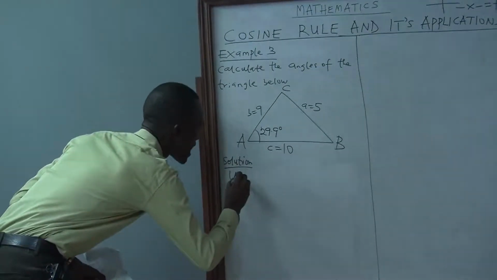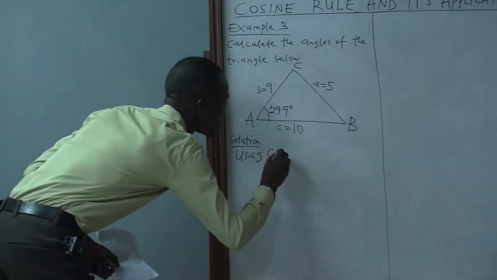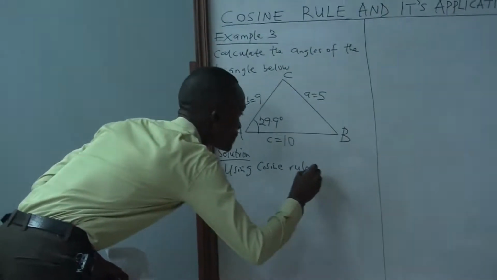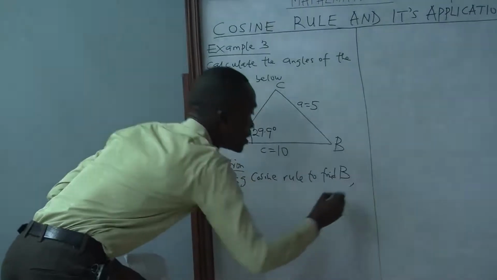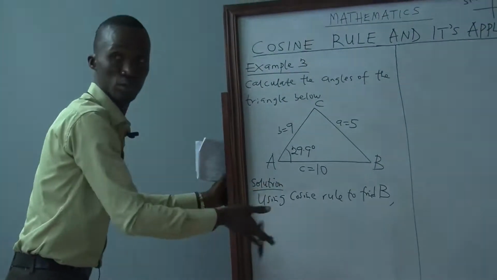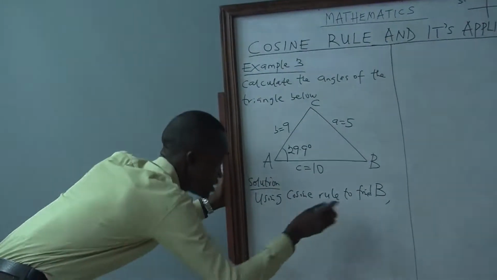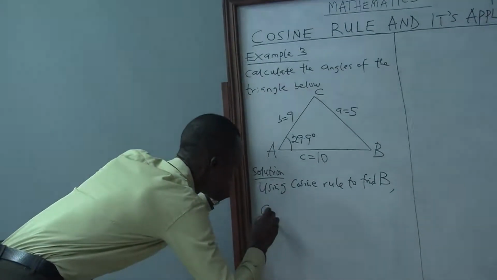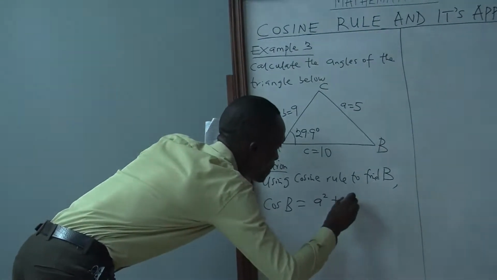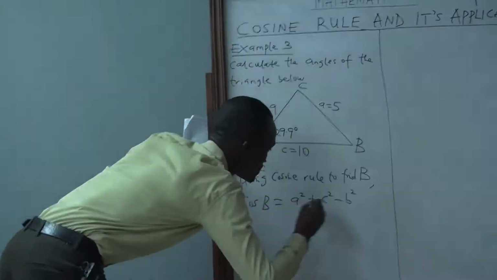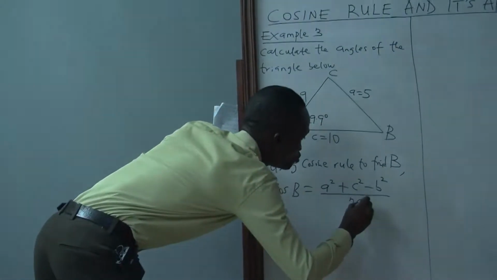So using cosine rule to find B, I will state the formula in terms of B, the one for finding angles. So I have cos B equals a squared plus c squared minus b squared, divided by 2ac.